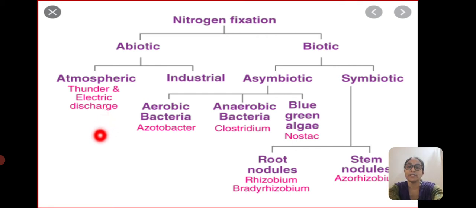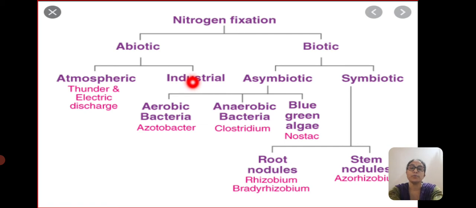Due to lightning, a series of changes takes place, utilizing the atmospheric moisture: nitrogen with oxygen gives nitric oxide, NO. NO will again combine with O2, and it is going to give N2O and nitrous oxide, and also HNO2 and HNO3, and that reaches the soil in the form of acid rains.